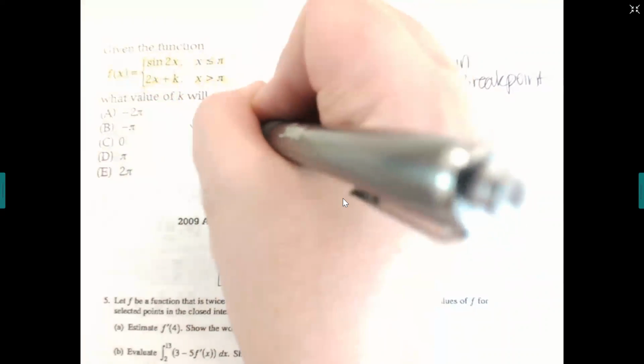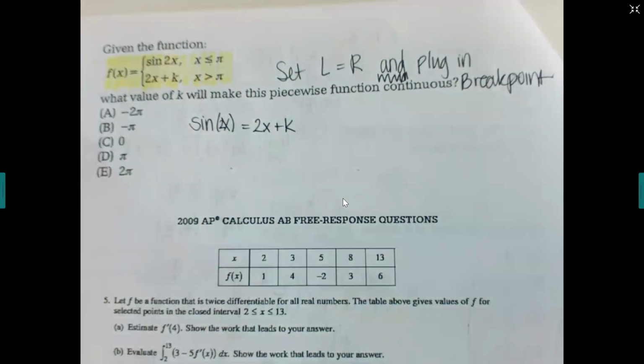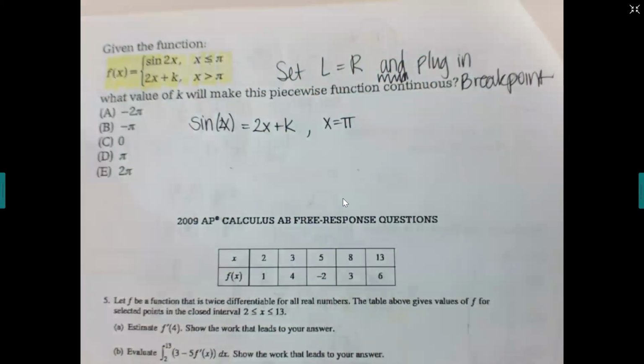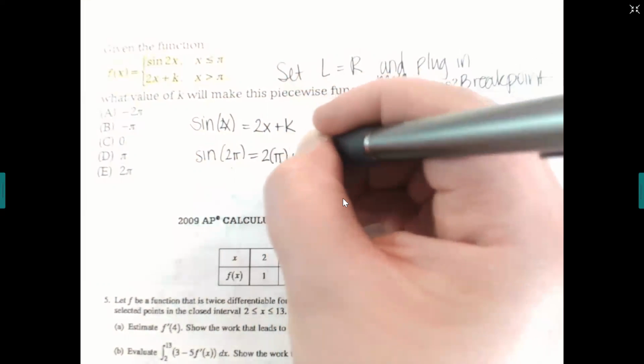So I would do the sine of 2x equal to 2x plus k. k is a constant that I don't know, but then I know my x is going to be pi. And then we're just plugging that in. So pi is going to go here. Now it's the sine of 2 pi equals, plug it in here, that'd be 2 times pi plus k.